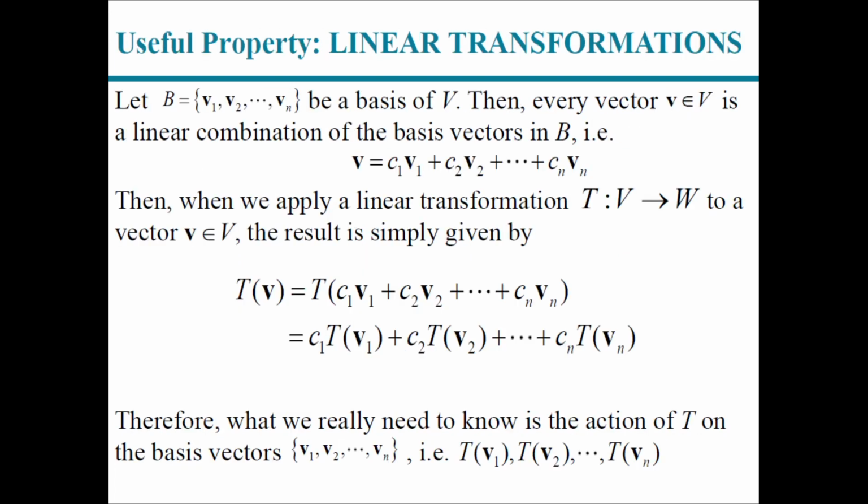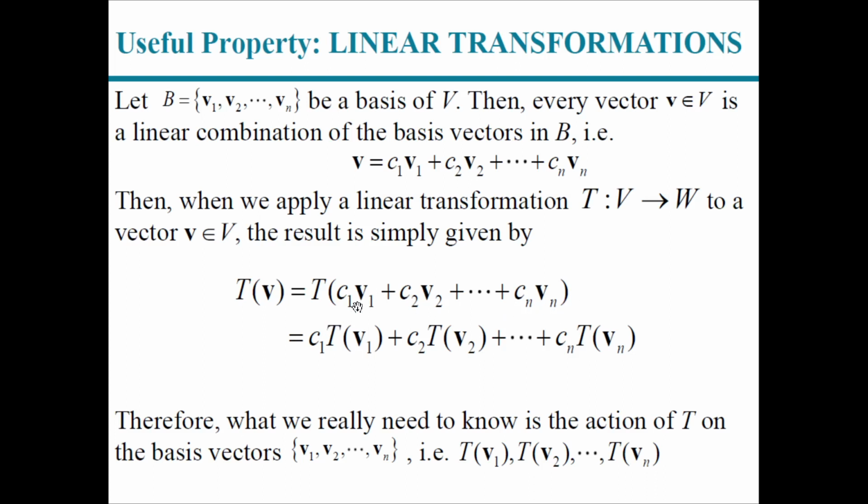A consequence of linearity is when you have a linear space V with a finite basis, V1, V2, Vn. So every object is obviously a linear combination of the basis vectors. So when you apply a linear transformation to vector V, you just use the definition, the decomposition you have of V in basis vectors, so this linear combination here.